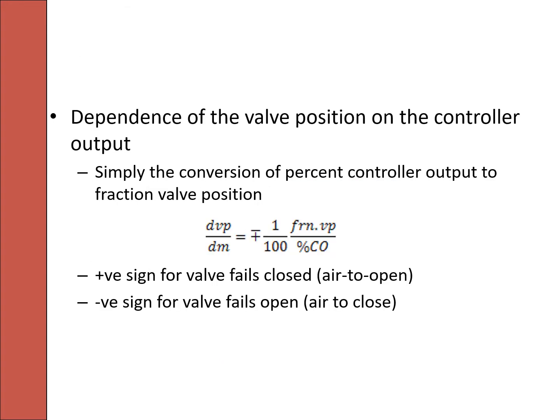For the first term, the dependence of valve position on controller output, we simplify the conversion of percent control output to fraction valve position. The dependence of valve position on control output is equal to plus or minus the fraction valve position over 100%.